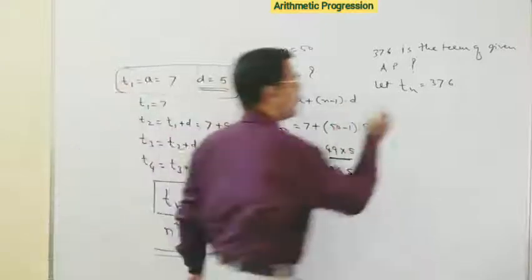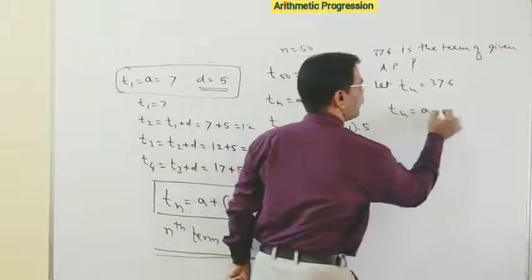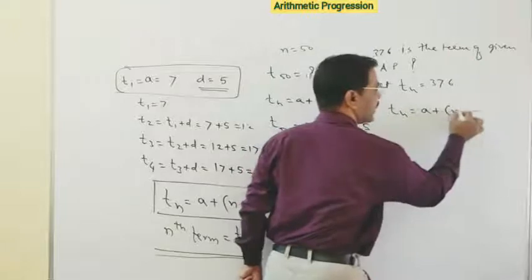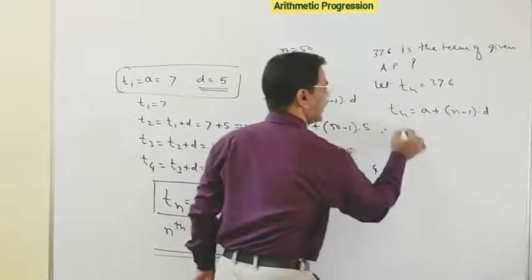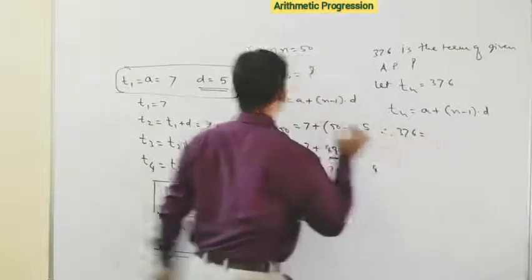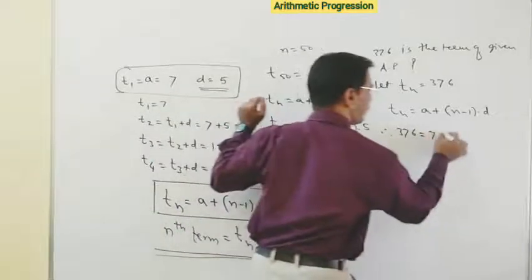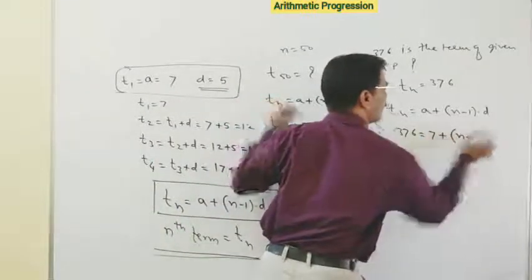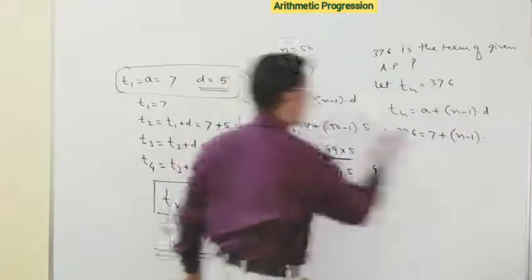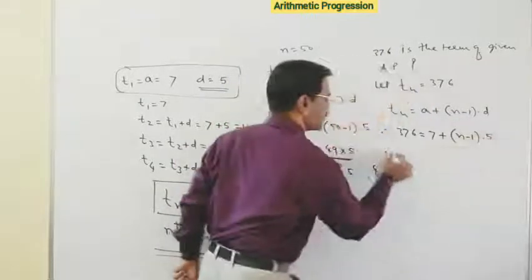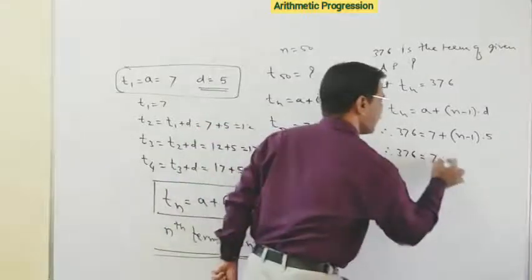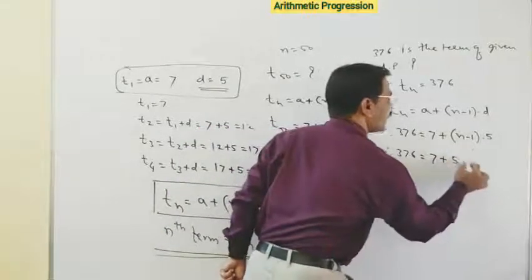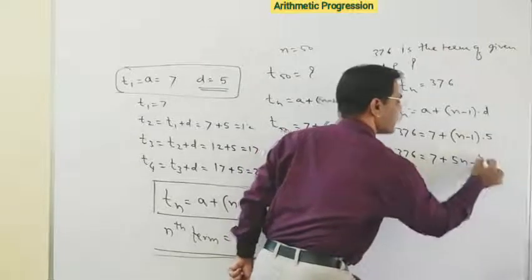As we know the formula of Tn, which is Tn is equal to A plus n minus 1 into D. I'll put the values here. Tn is 376. A is 7 plus n minus 1, which we don't know. D is 5. So try to just check. Just simplify. What do you get here? 7 plus, just multiply 5 and n minus 1, 5n minus 5.